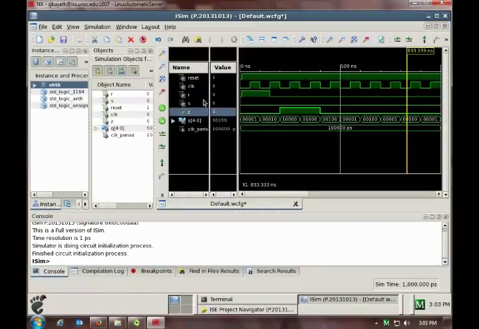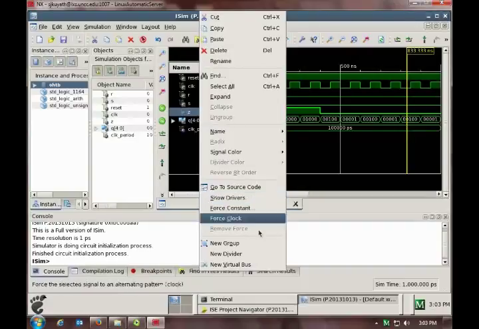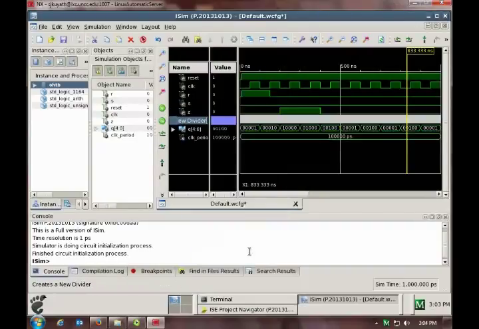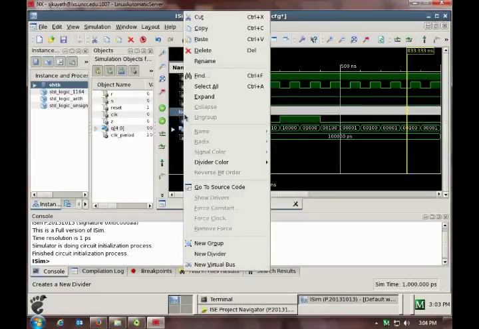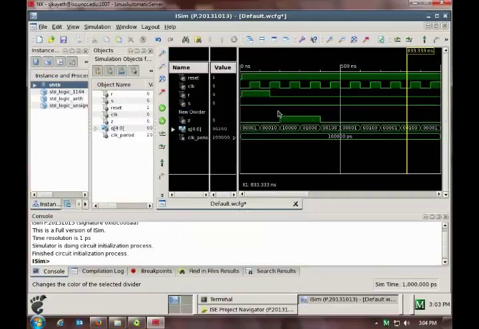Now, right before here, I like to have a new divider, and that actually should be right there. And I always make these divider color black so that it just spreads it out a little bit.